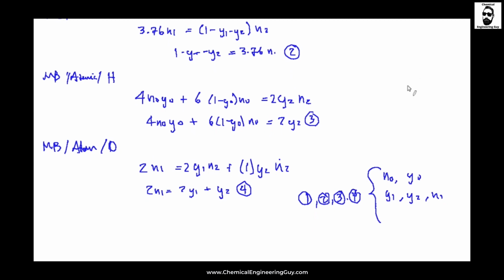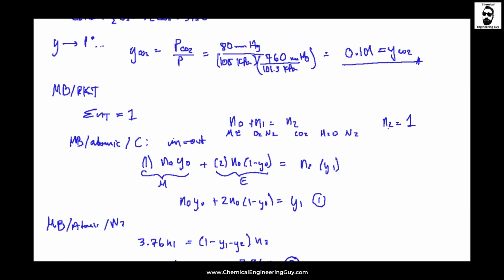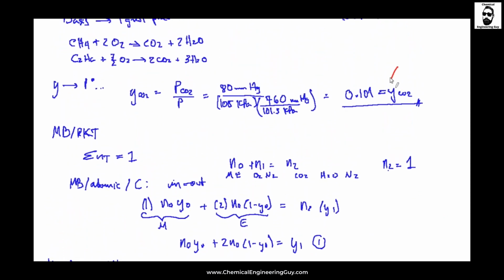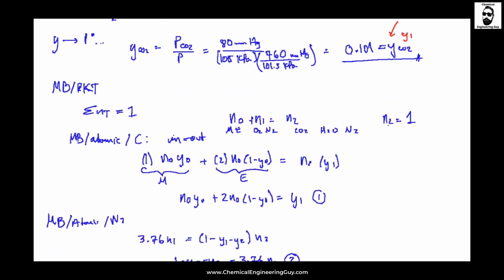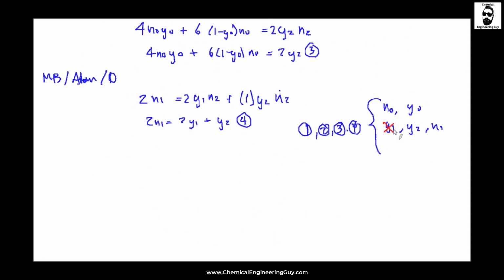Probably we need to find out one value. This is actually Y1, so this one is not actually a variable. We have 4 equations with 4 variables, so we can solve it. So let me solve it. This is my system.